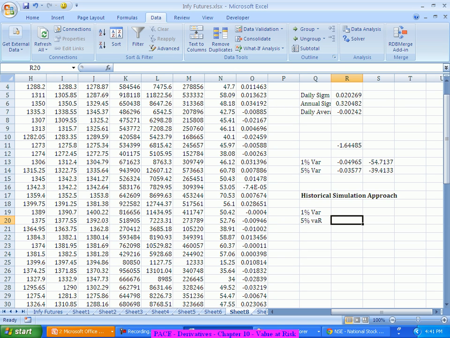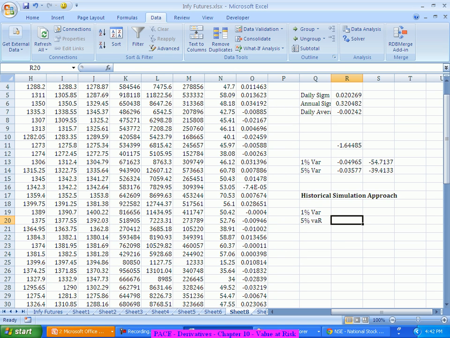So when I say your data has 60 elements, let's assume you have 60 days of data. The 5% VAR is the worst 5% of 60, which is 3. 60 into 5%. So the third worst value out of all the values is your 5% VAR.